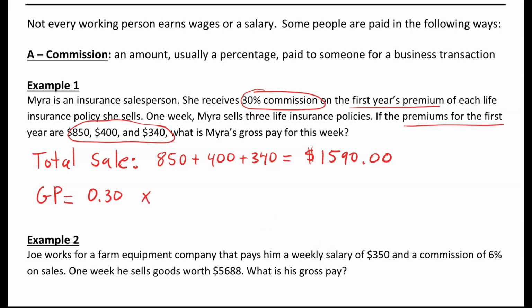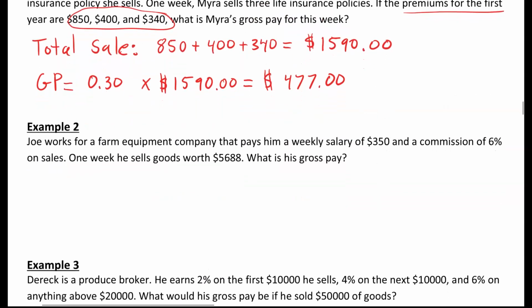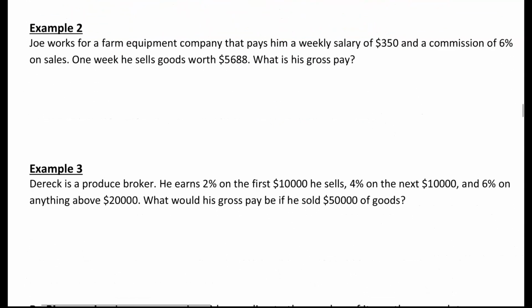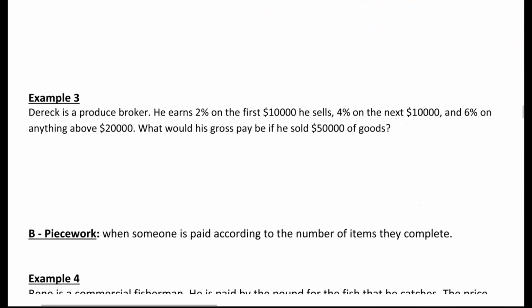And then you're multiplying that $1,590 by that 0.3. Now this results in $477.00. So that would be the gross pay for Myra for that 1 week of work. Example 2, I'm going to leave for you to do on your own.